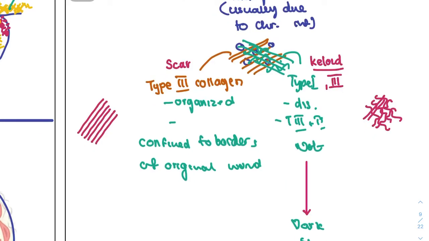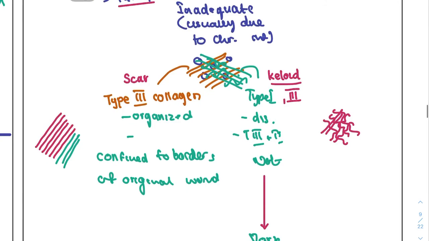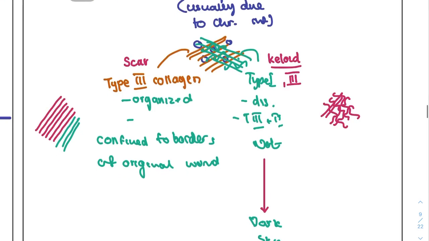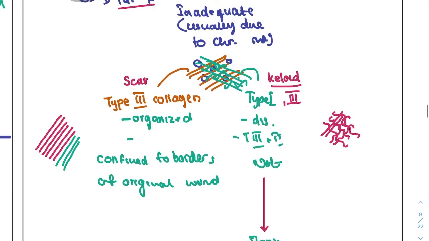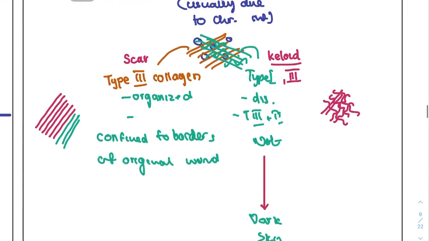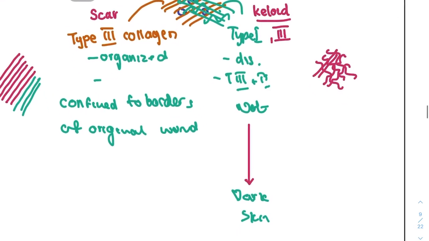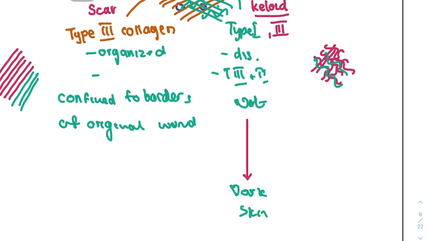But if the scarring occurs excessively, with type 1 and type 3 collagen, which is very disorganized, it's going to create an excess scar which is not confined to the original borders of the wound, and this is seen in people with dark skin mainly.